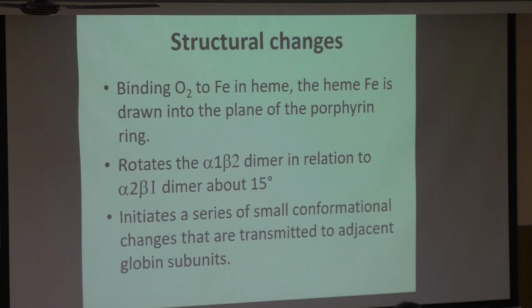Okay, and the iron will be there inside, but sometimes it will come outward, sometimes it will come in the plane, sometimes it will come out of the plane, and that also is determining one of the structural changes happening. So once the oxygen is bound, the iron will be drawn in the plane of the porphyrin ring.